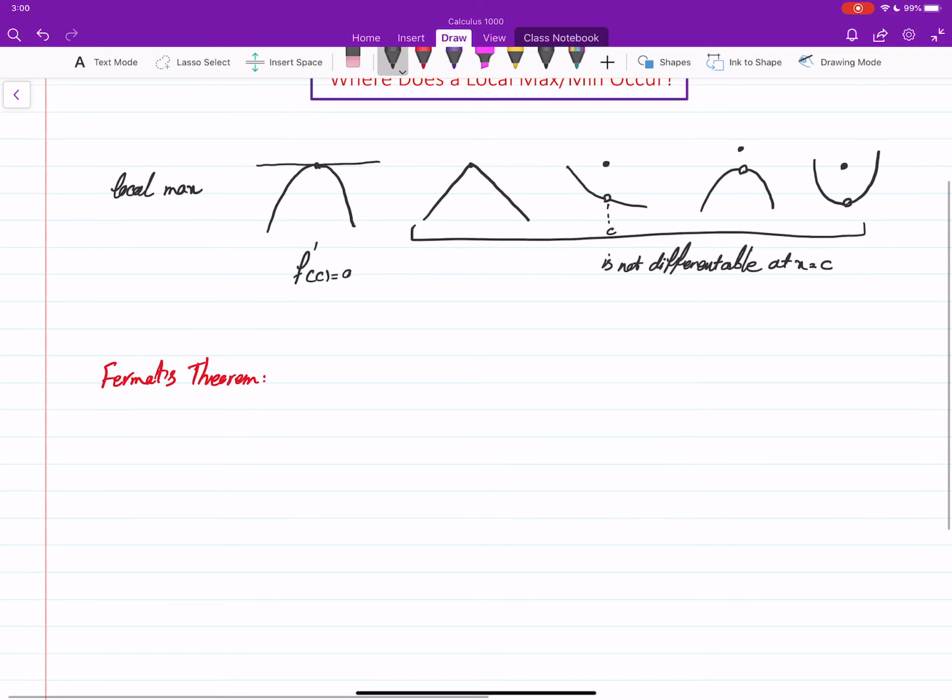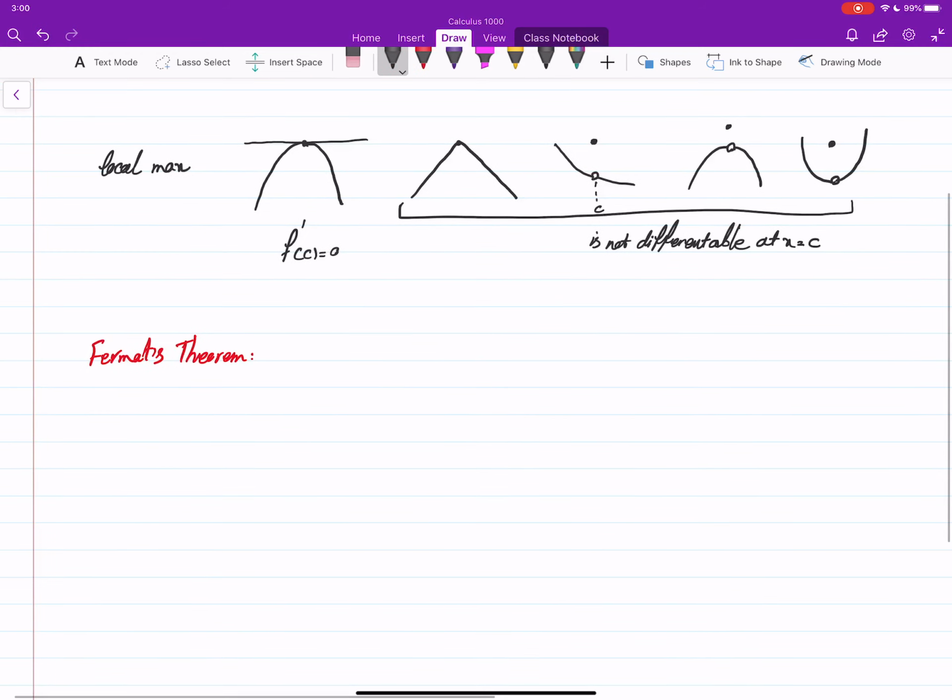It says if a function f has a local maximum or minimum value at point c, then there are exactly two possibilities.